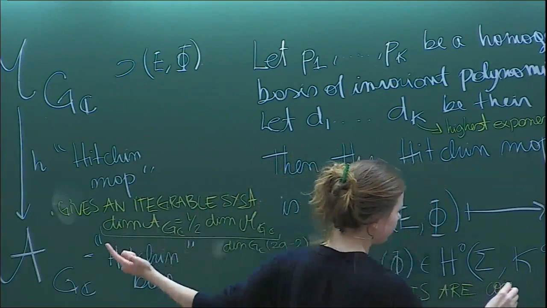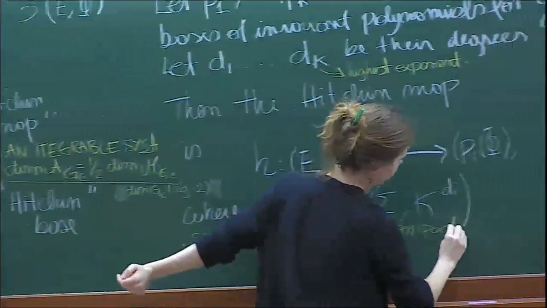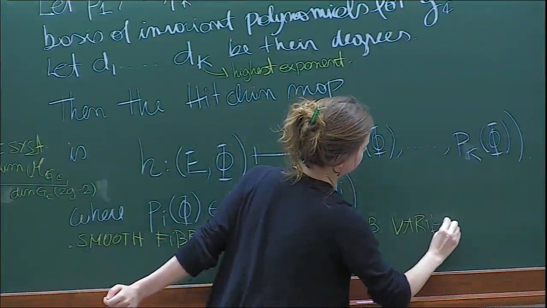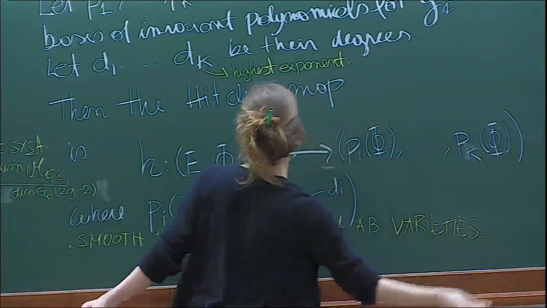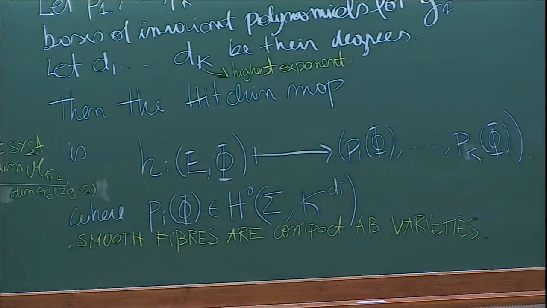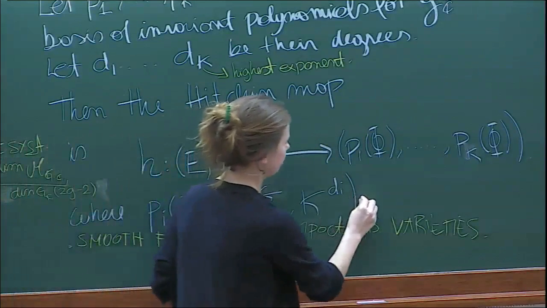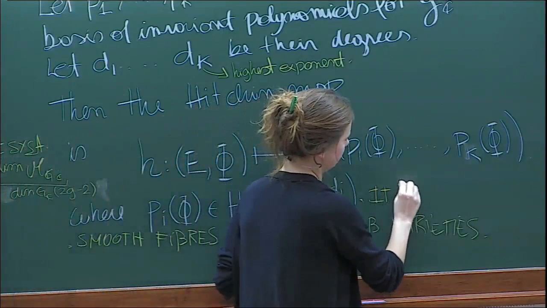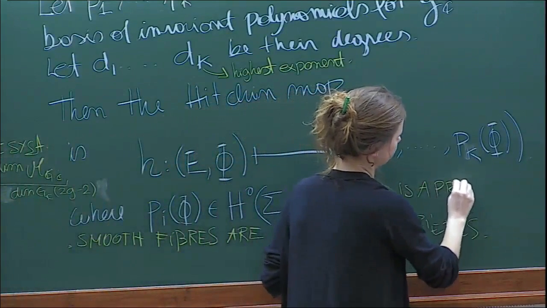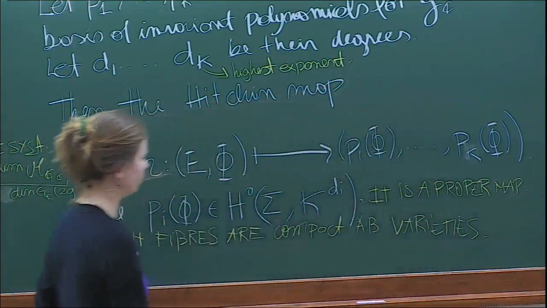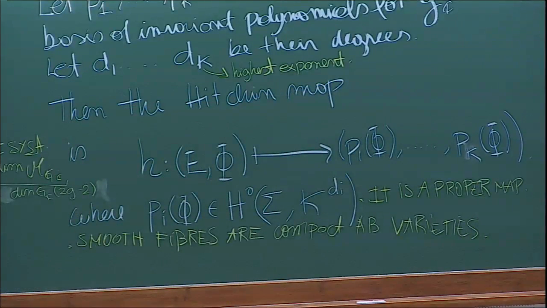So it's a proper map. The Hitchin map is a proper map, and in particular, the smooth fibers are abelian varieties.